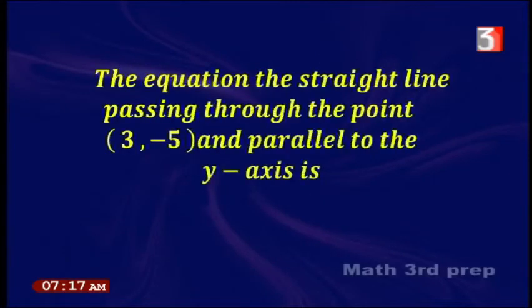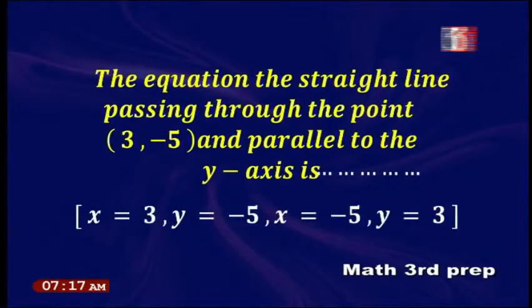Another example, the equation of the straight line passing through the point 3 and negative 5 and parallel to the y-axis is what? Is it x equals 3, or y equals negative 5, or x equals negative 5, or y equals 3? At the very beginning, the equation of a straight line parallel to the y-axis must be x equals.